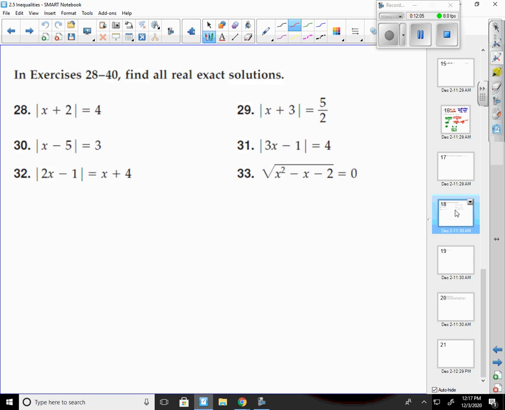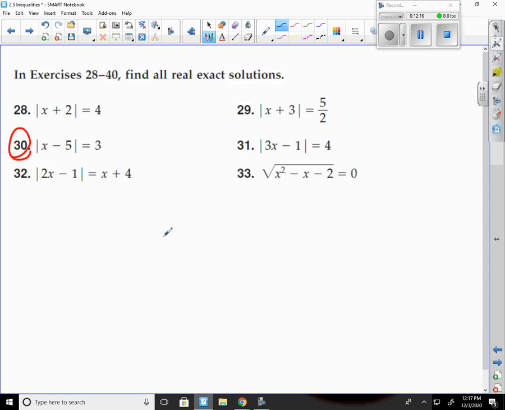Just remember, we're going to do one example of these. Well, we'll do 2 actually. If I'm looking at the first one, I'm going to do number 30. Absolute value of x minus 5 equals 3.